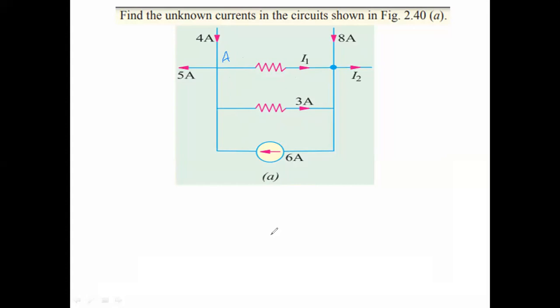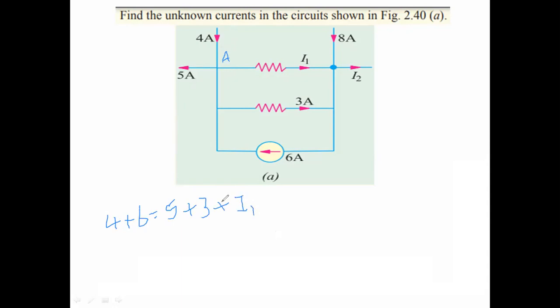So we write that the sum of all incoming currents is equal to the sum of all outgoing currents. Incoming: 4 amperes plus 6 amperes is equal to outgoing: 5 amperes plus 3 amperes plus I1.